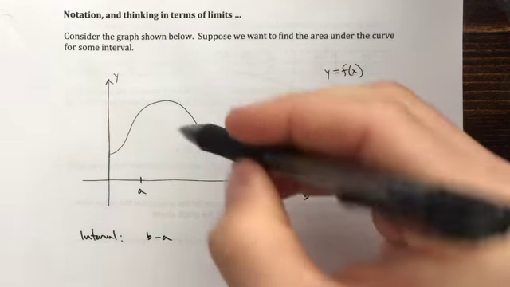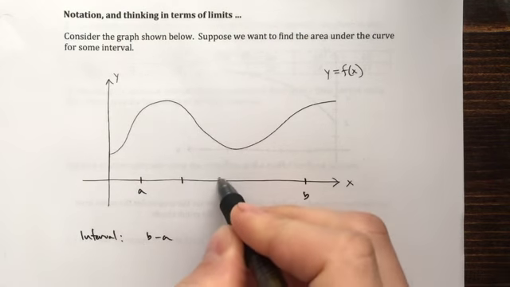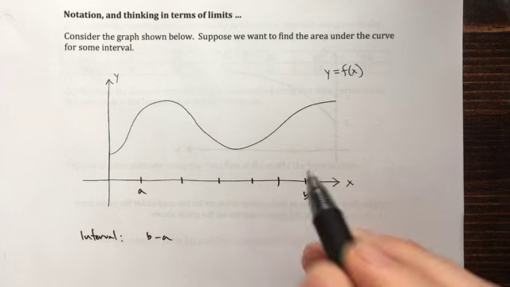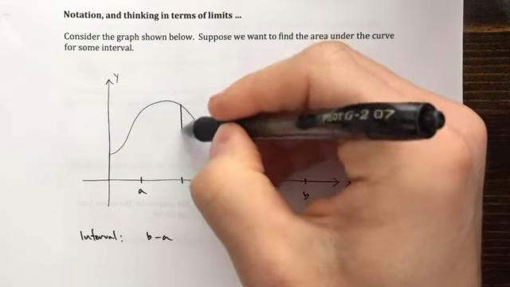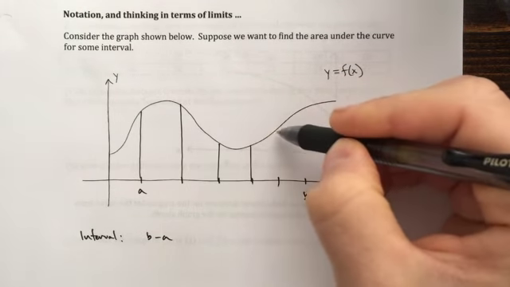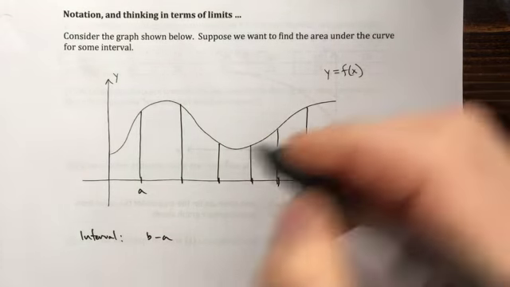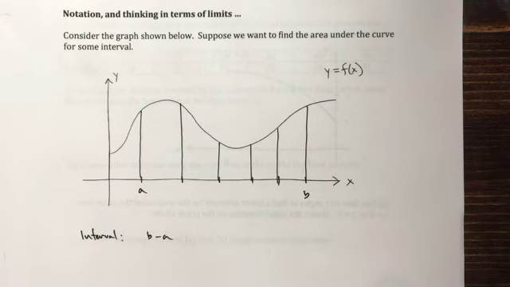And so that's fine. Let's say we want to use a few rectangles. So let's cut it up into 5 different rectangles. Okay. So then we'd have some rectangles here, and that would be a rectangle, rectangle, rectangle, rectangle, rectangle. So that would be our rectangle width.